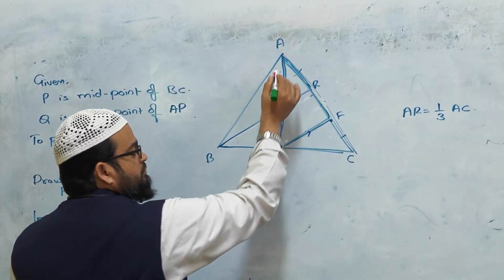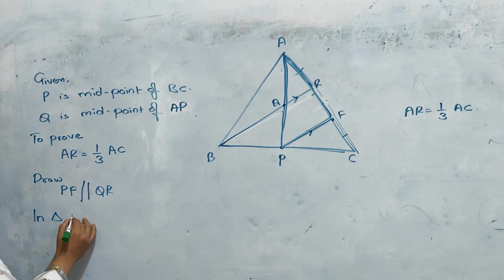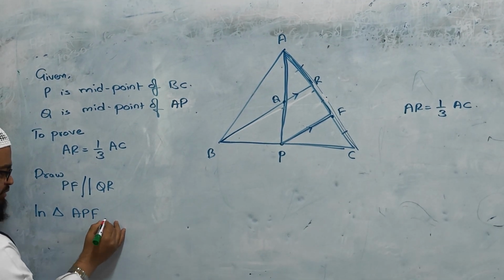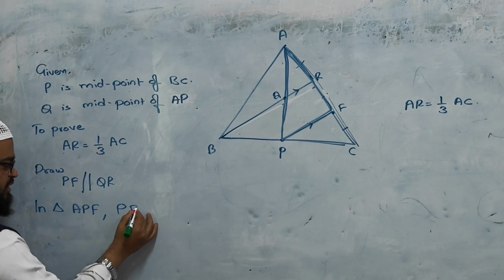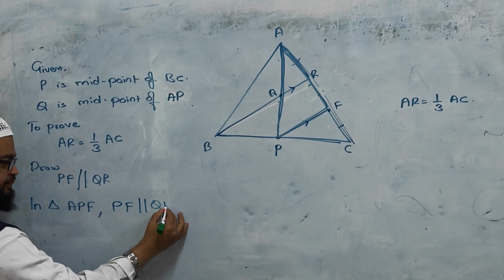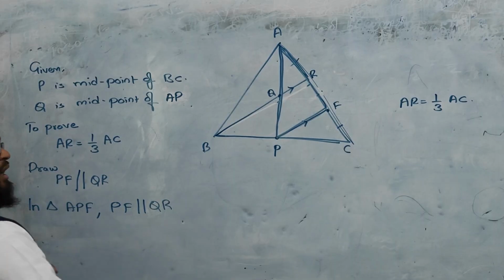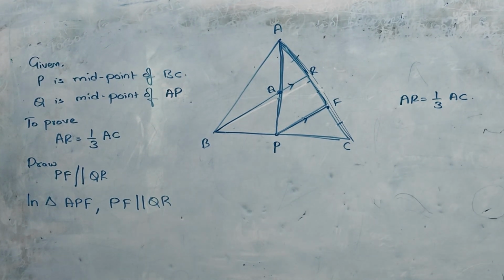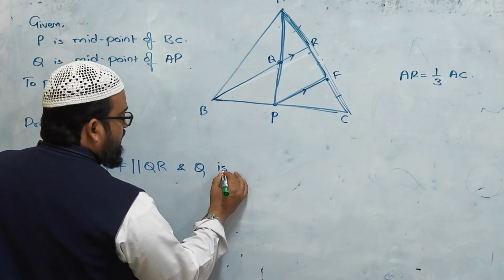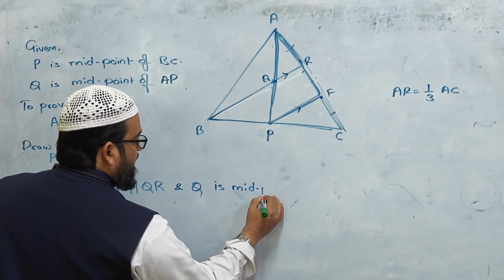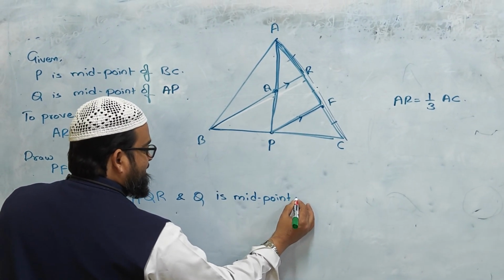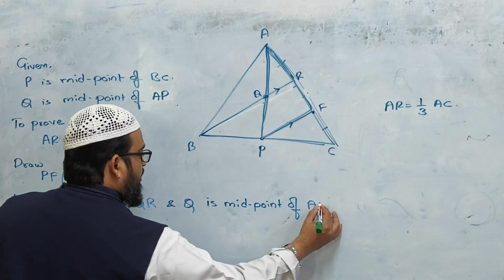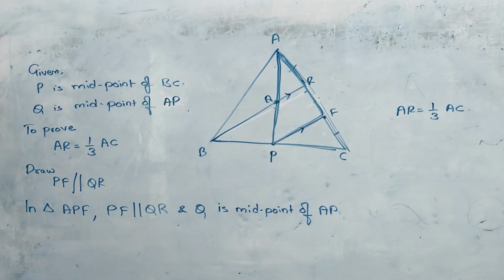APF. In triangle APF, PF is parallel to QR. And what is this? Q is the midpoint of AP.